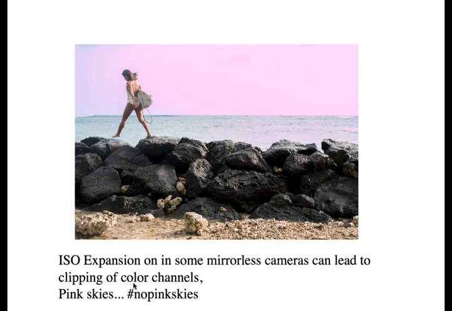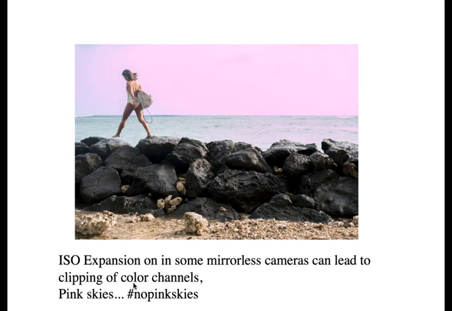So in this photograph of this surfer walking along the rock ridge here, the ISO expansion was on, and the photographer thought that they were getting a much slower ISO than what they were actually getting, bright day on the beach. And what ended up happening is they cut out the blue channel entirely.